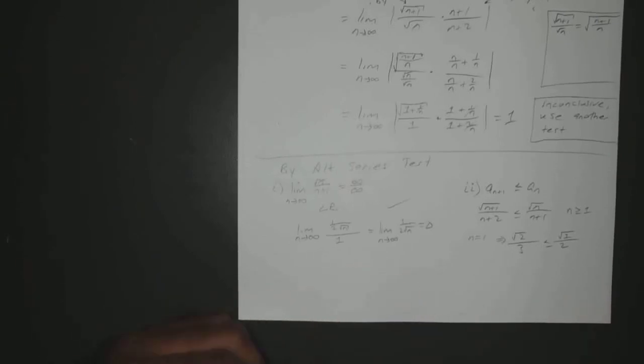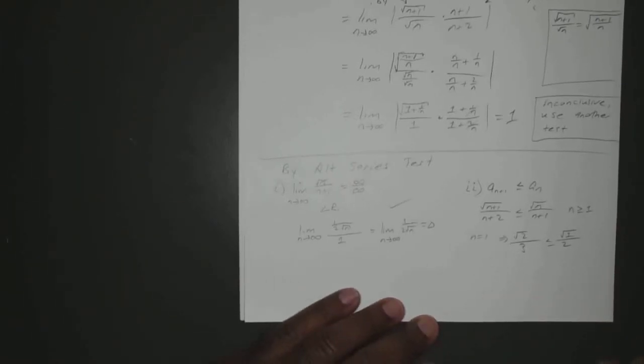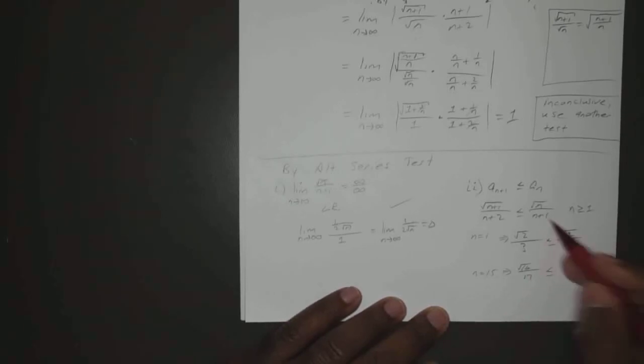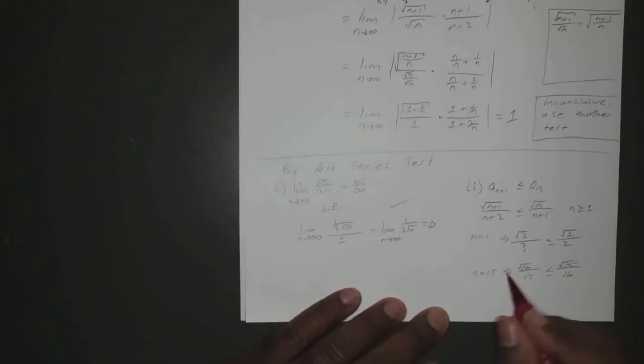So you plug in n equals, let's make this a good even one, 15. Okay, so you have square root of 16 over 17 is less than or equal to square root of 15 over 16. So you have 4 over 17 less than or equal to square root of 15 over 16, which is actually true.